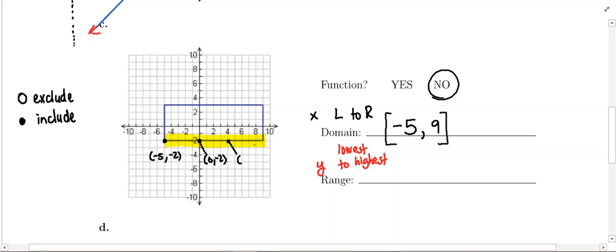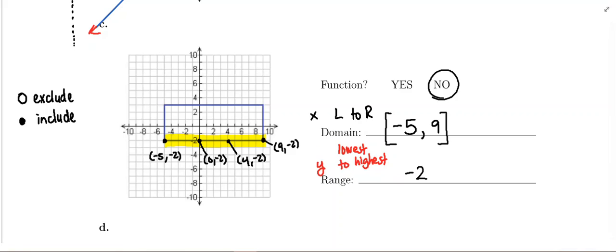And I'll do one more. This is 9, -2. If you examine any point on this yellow segment, its y value, you're thinking range, so look at the y value, its y coordinate is -2. So all the low points on the rectangle have a y value of -2.